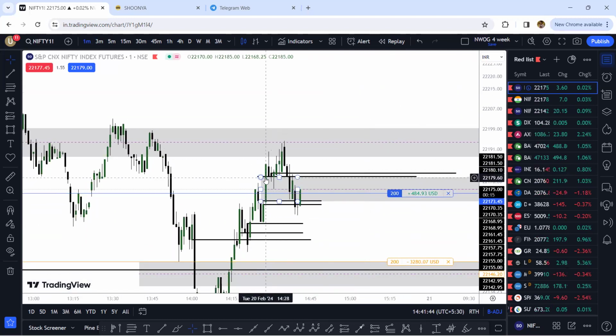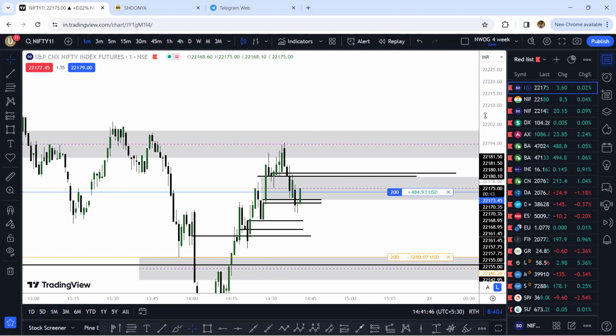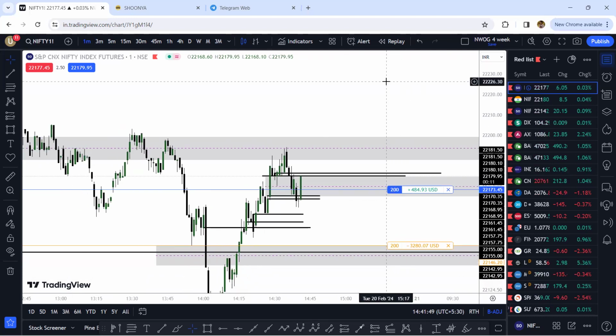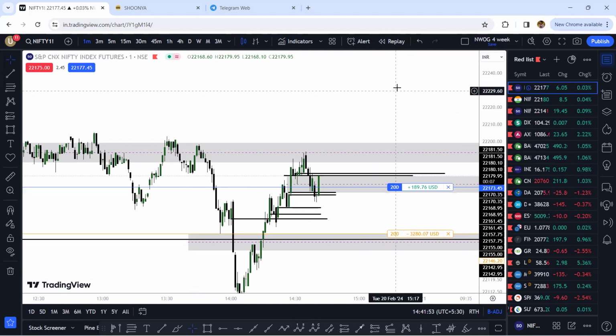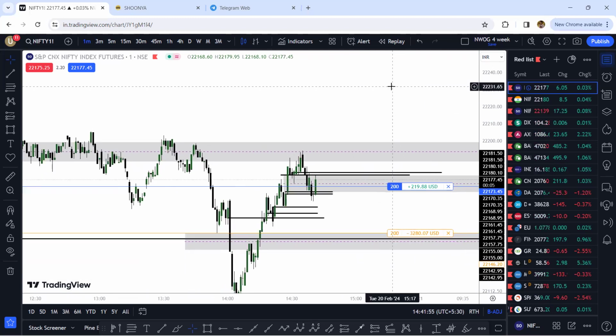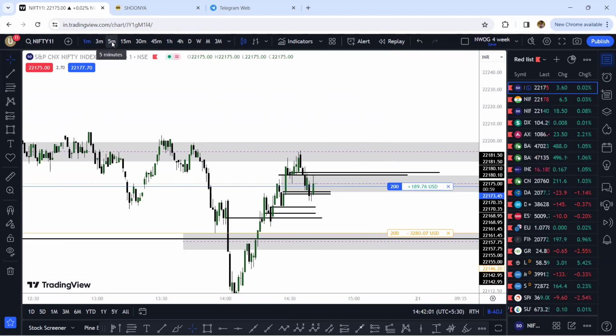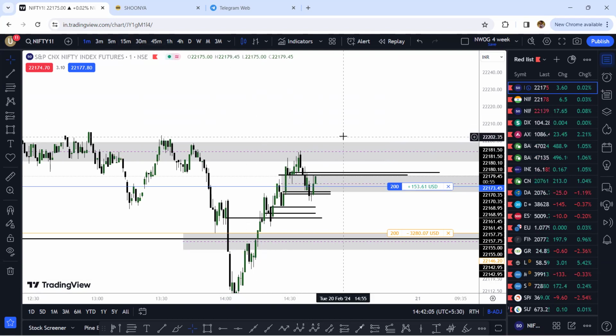This is the 1 hour time frame. Oh, sorry, 1 minute time frame fair value gap. I'm watching that. I want to see that support, this 1 minute time frame fair value gap.